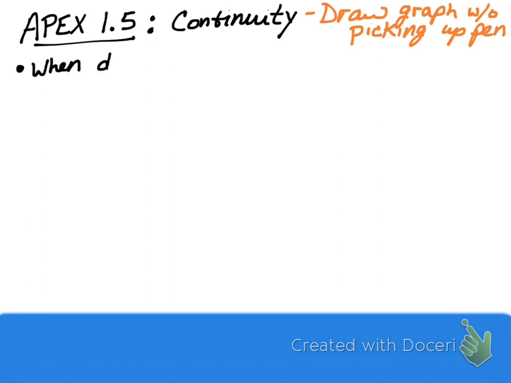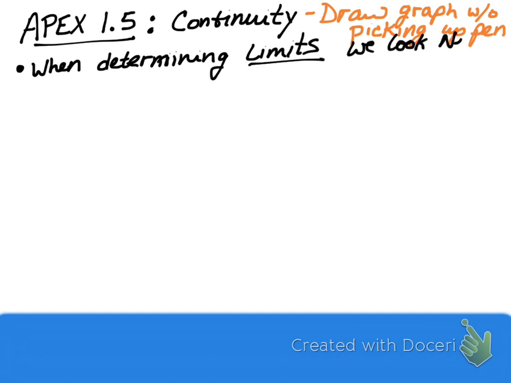What we've been looking at are limits. And when we're determining the limits, we look at x values that are near a particular number. So we look near particular x values.